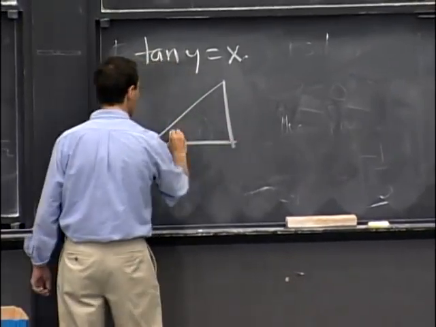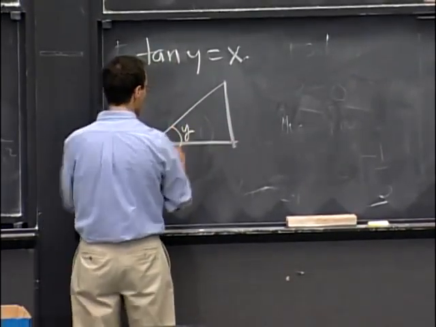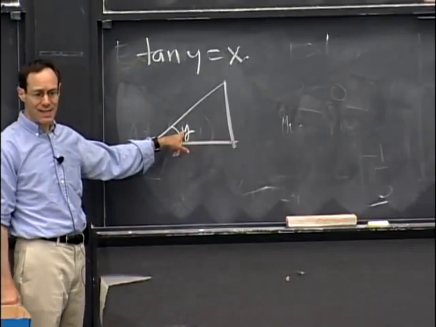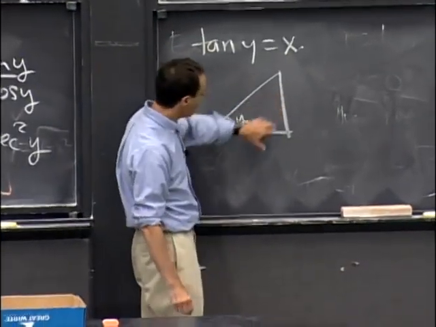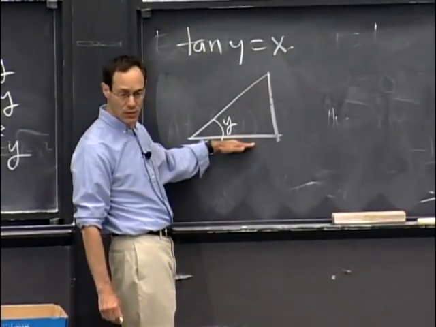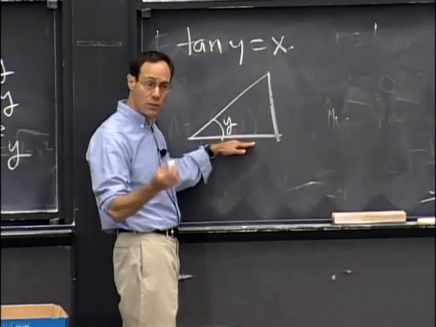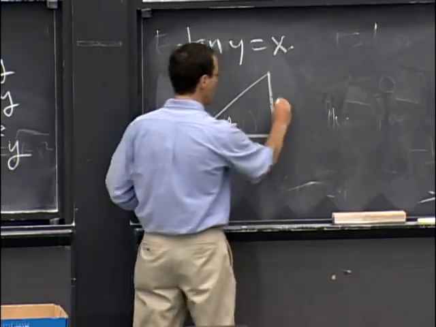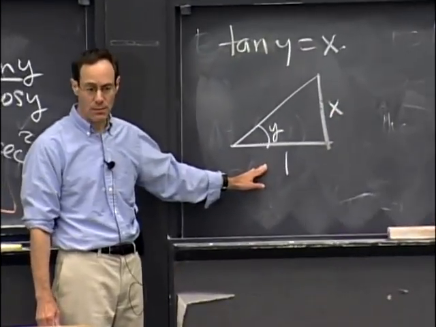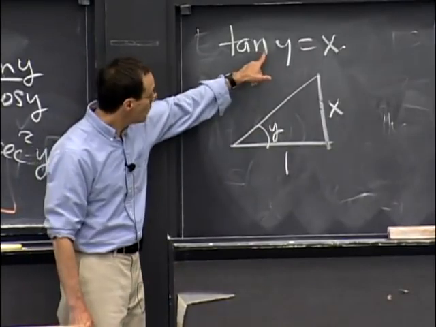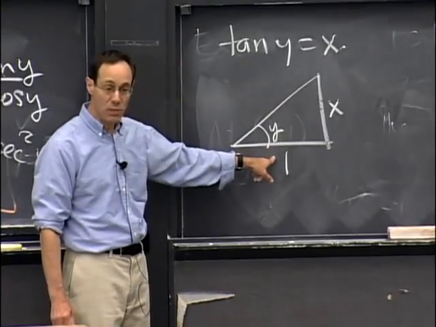Here's the right triangle, and tan y means that y should be represented as an angle. Its tangent is the ratio of this vertical to this horizontal side. I'm just going to pick two values that work, namely x and 1. Those are the simplest ones. So I've encoded this equation in this picture.